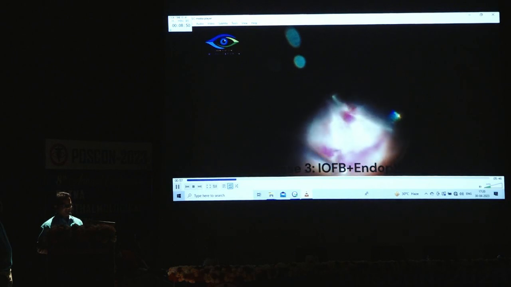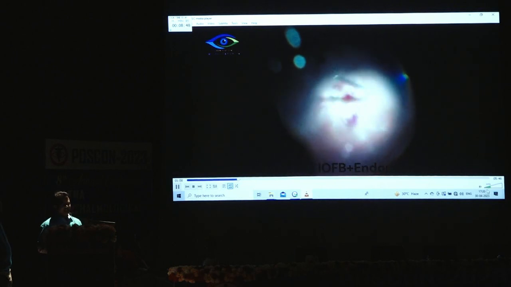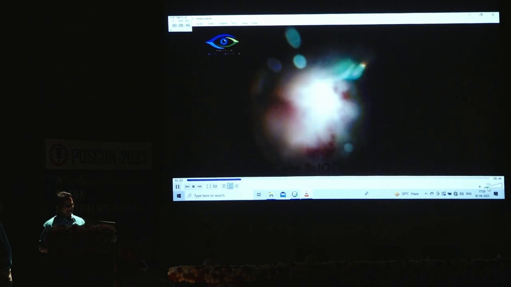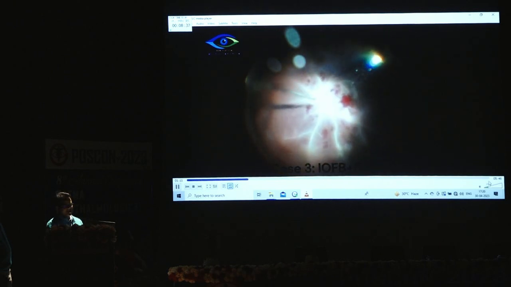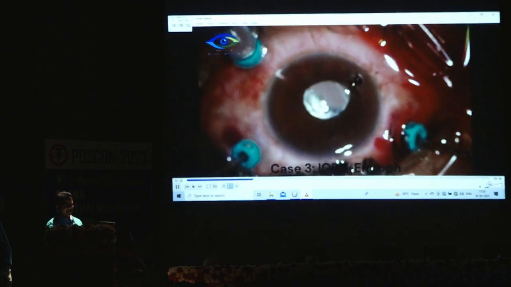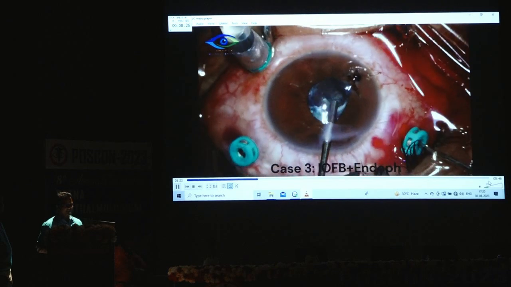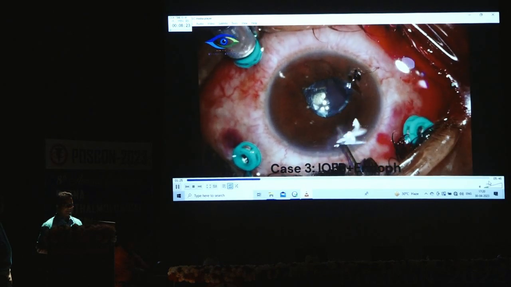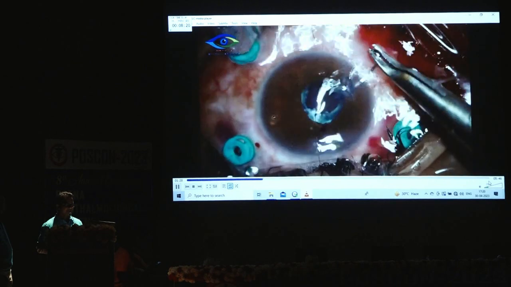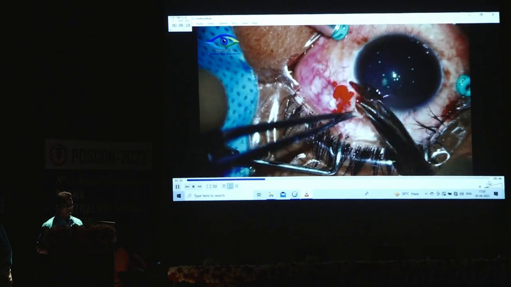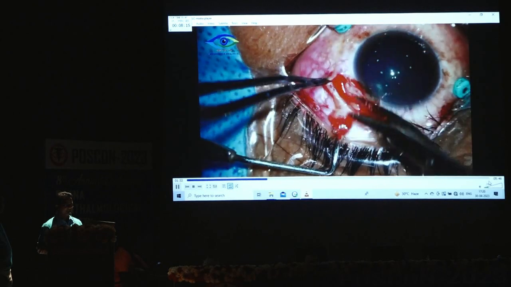This is case 3, intraocular foreign body with endophthalmitis. 23 gauge vitrectomy was done, and the vitreous hemorrhage was cleared. The intraocular foreign body was removed with the help of a magnet, and the entry wound was closed with 10-0 nylon suture.